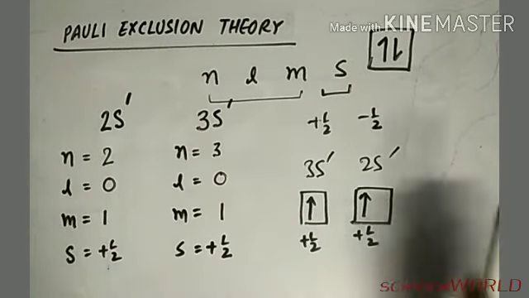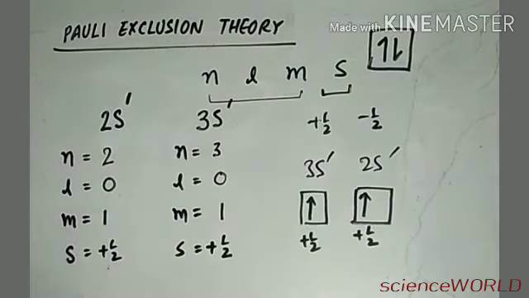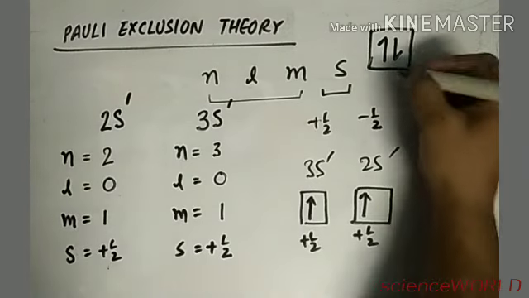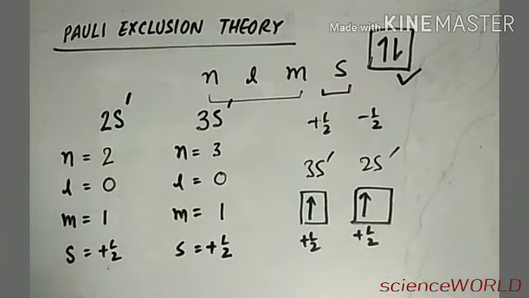So this will be the existing, correct orbital. So this is the Pauli's exclusion principle.